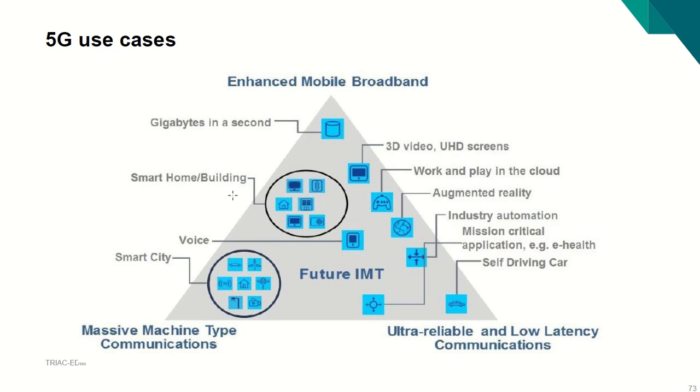That enables a smart home. And of course, the most simple one is speech and voice. And smart city, for example, emergency rescue and traffic lights, the home, the video surveillance, all kinds of applications in the city.